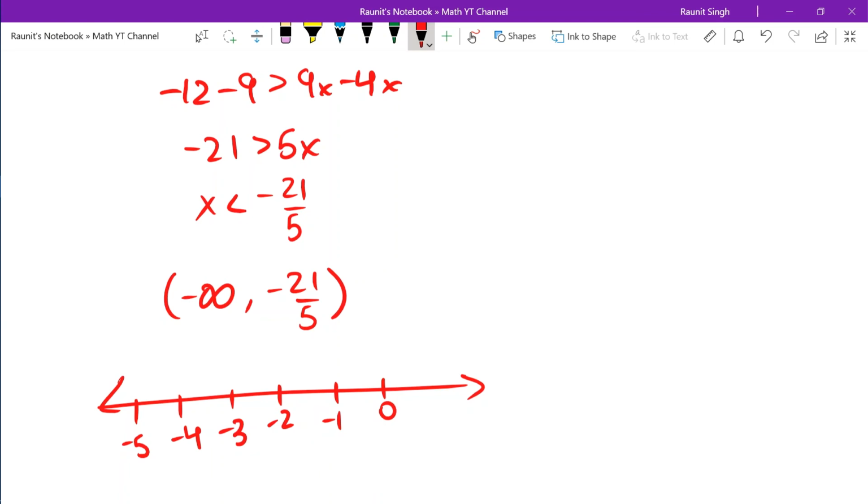So we're going to use a black pen to contrast with the red. Now this is once again going to be an open dot or a parenthesis, and then that's it. The other way is the parenthesis, and there you go. That's the line.